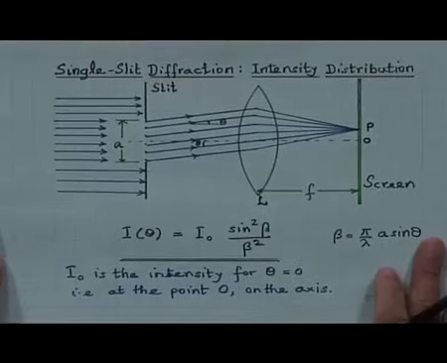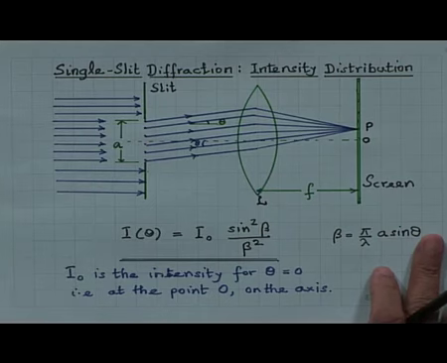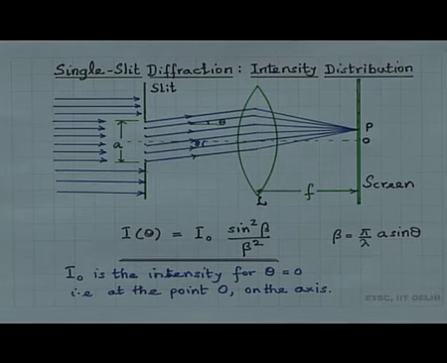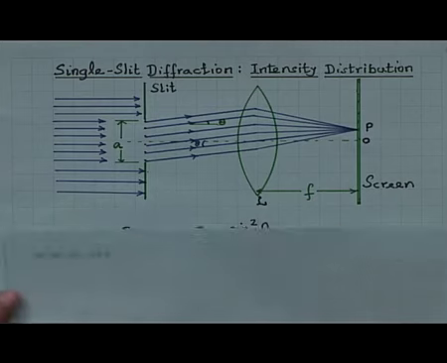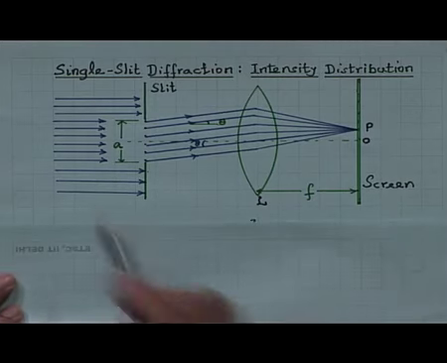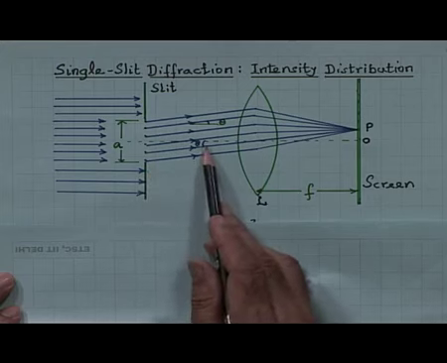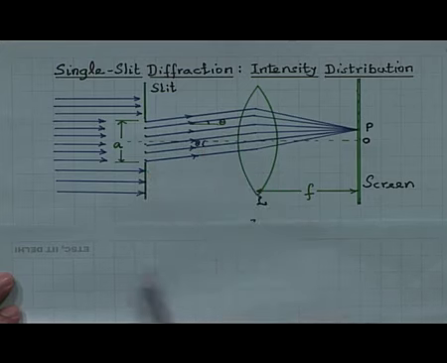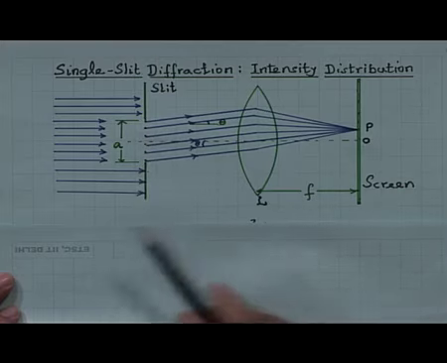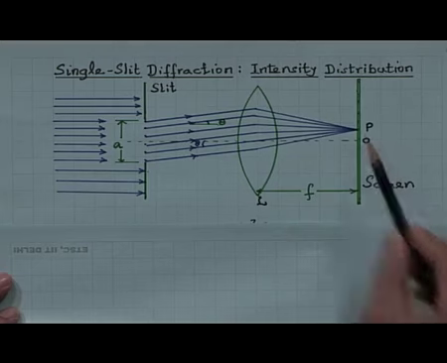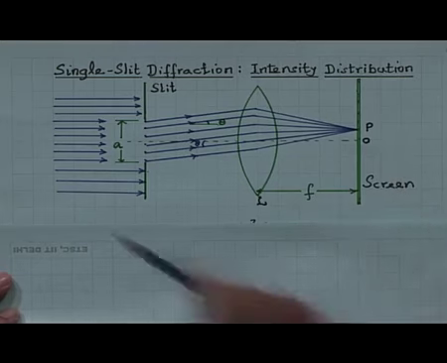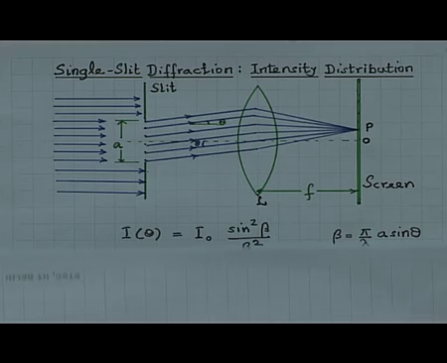So, here is the diagram. I have left out the other part of the diagram because that is only to make a set of parallel rays which are incident. Please see the intensity pattern here. There are rays travelling at different angles, but I have taken a particular set of parallel rays, travelling at an angle theta, reaching a point P. So, this is the arrangement for single slit diffraction.